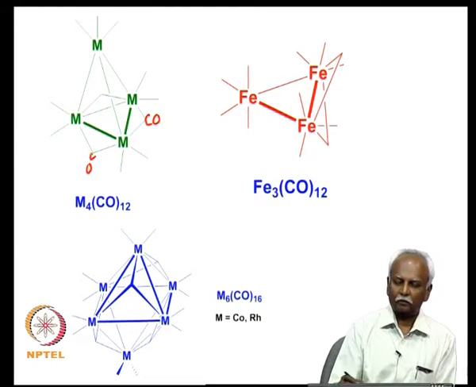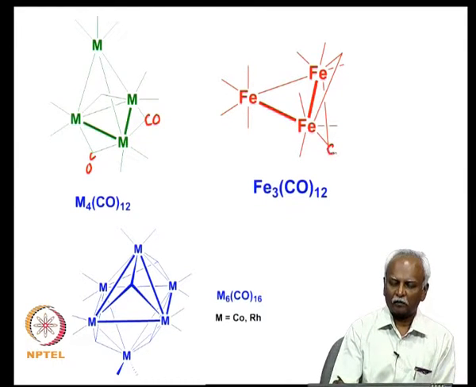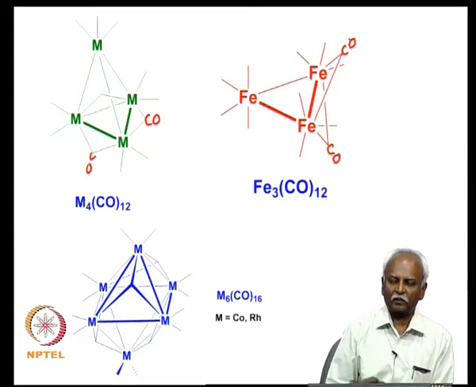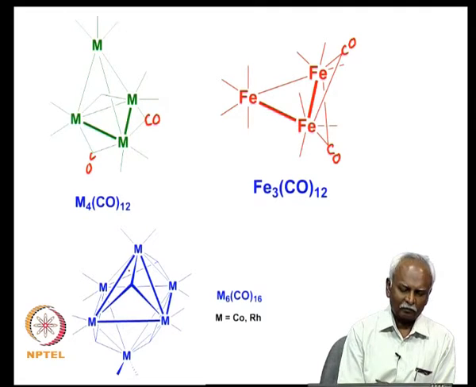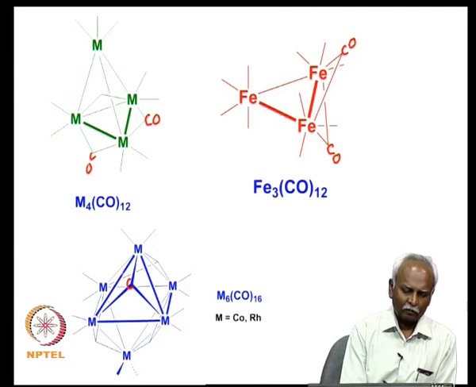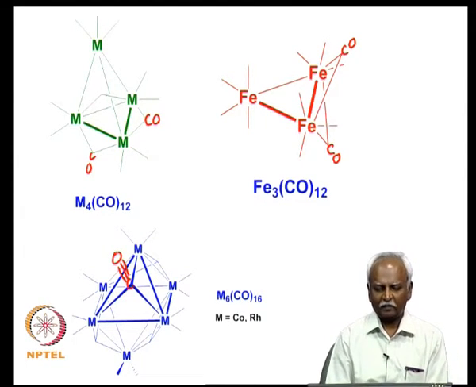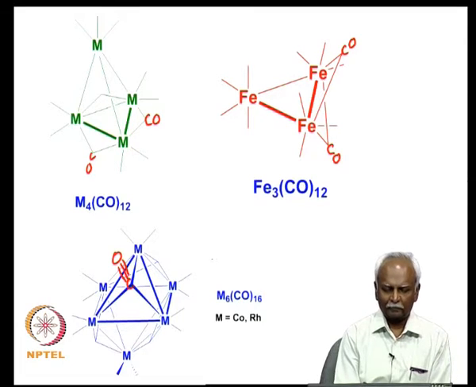we have pictured it like this, where the 2 lines meet, that represents a bridging carbon monoxide. In other systems where three lines meet, you have a triply bridging carbon monoxide. So, you have a triply bridging carbon monoxide, which is capping one of the faces of this octahedral species.